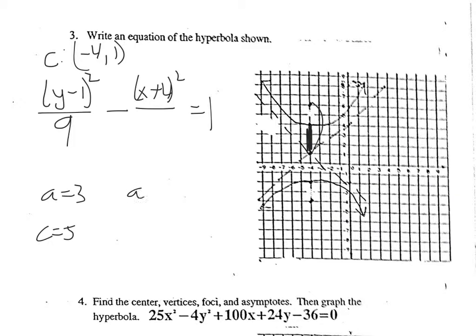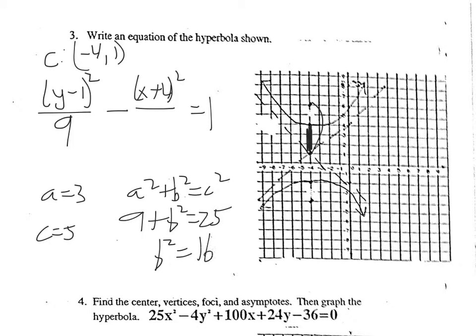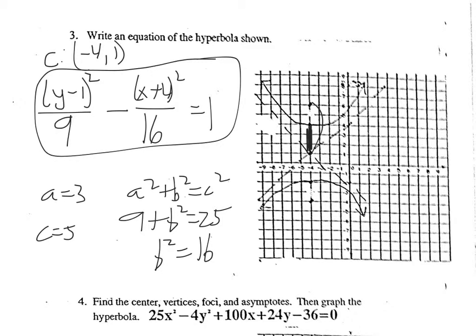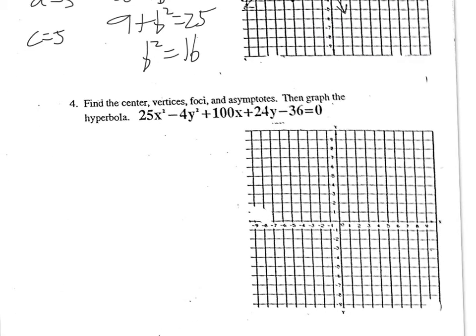So it's a squared plus b squared equals c squared. 9 plus b squared equals 25. Subtract 9. B squared equals 16. And that's what we're looking for. Right there. So notice the a value in this case is smaller. And the y comes first. Okay, last one. And then you guys get to practice on your own.